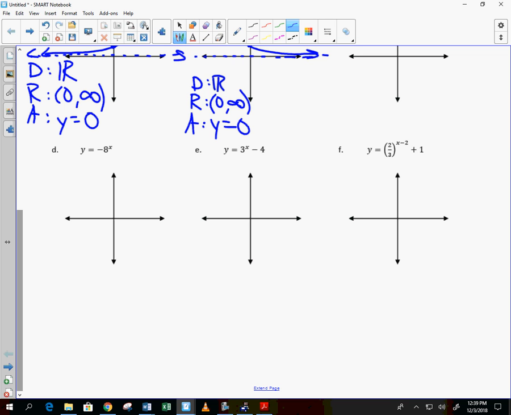Is the negative on the outside or inside? Outside, so it's going to create a vertical flip. Very good. So that means that it will be flipped over the x-axis. Instead of going through 0, 1, it's going to go through 0, negative 1.